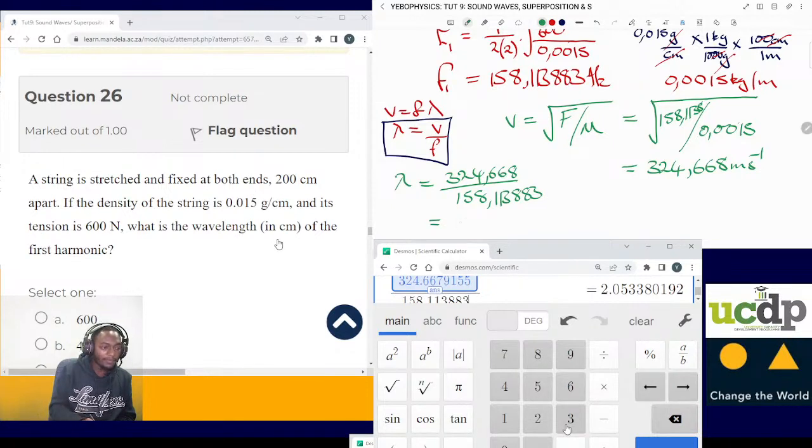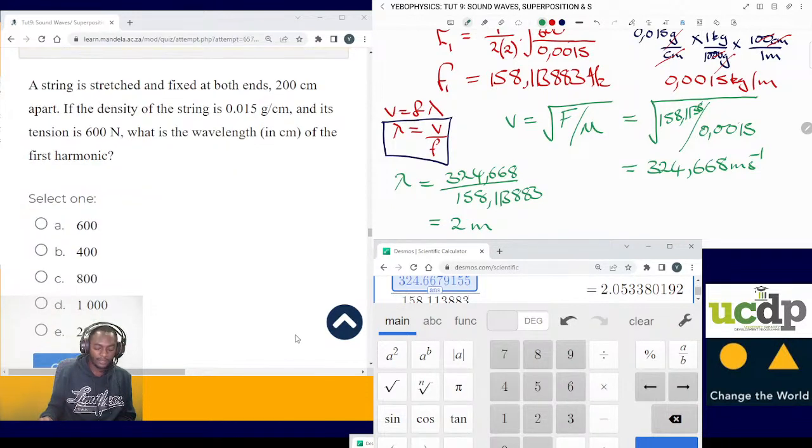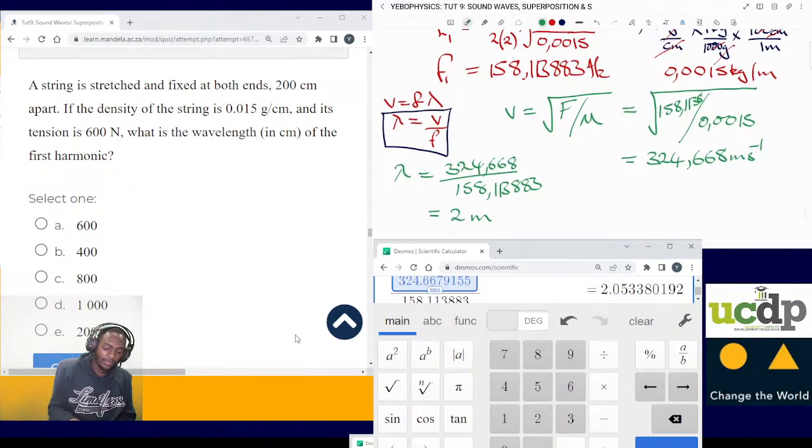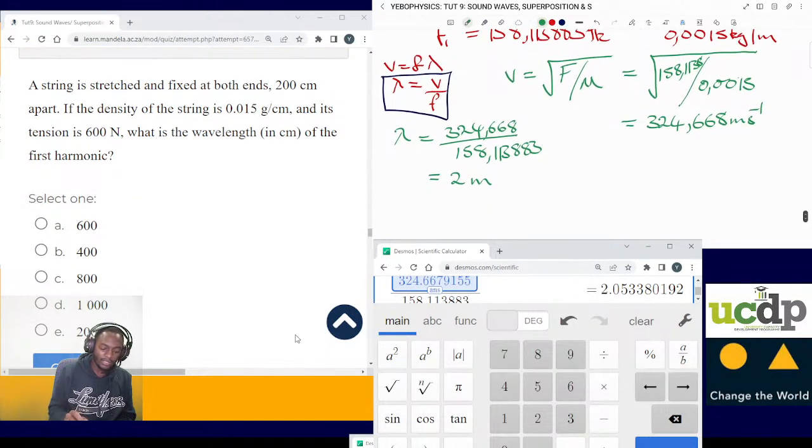So we get our lambda being equal to 2 meters, and the 2 meters is equivalent to 200 centimeters.